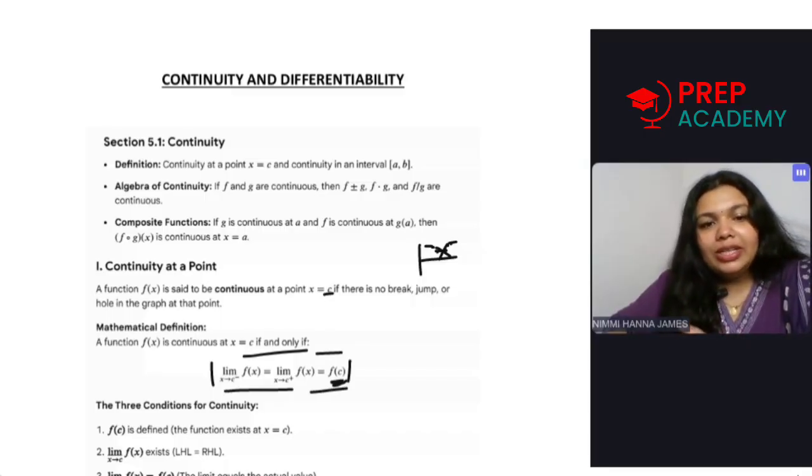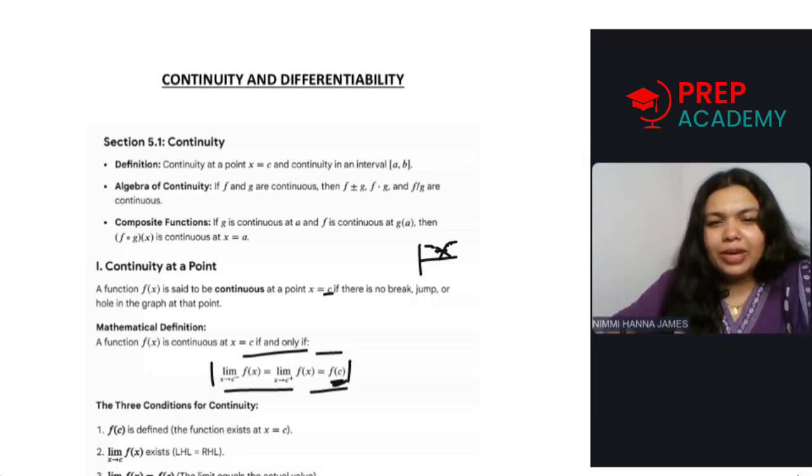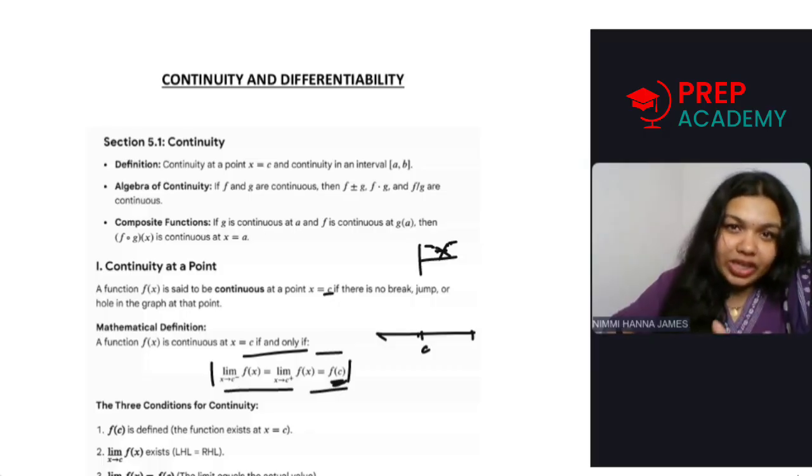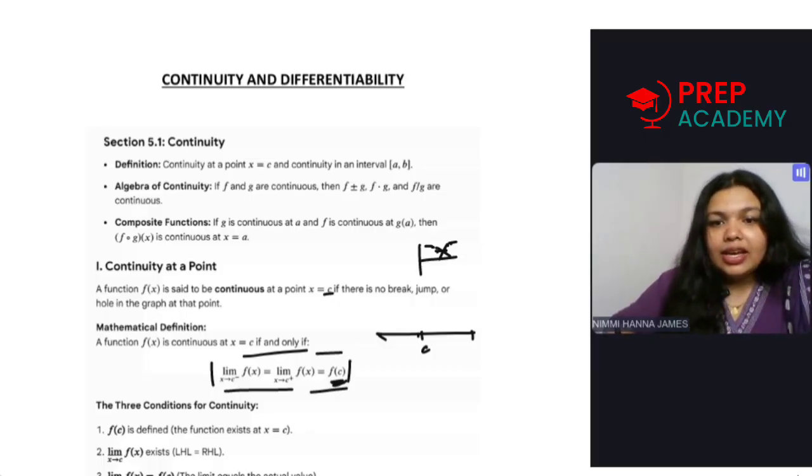So that is the limit as x tends to c minus. What do we mean by that? If this is the number line and this is our point c, c minus means a point very close to c, but not c, on the left side of c. And c plus means very close to c, but on the right side of c.